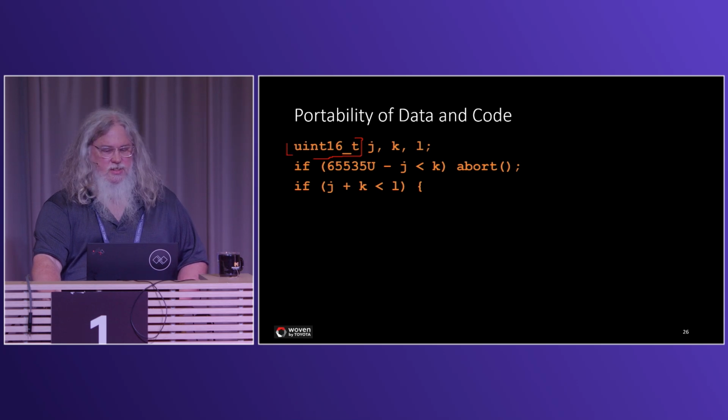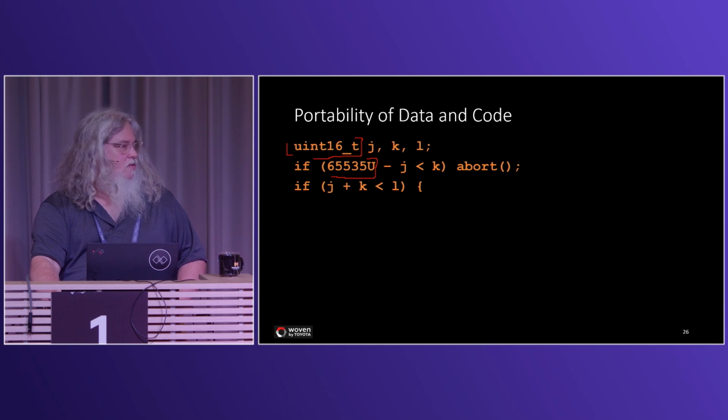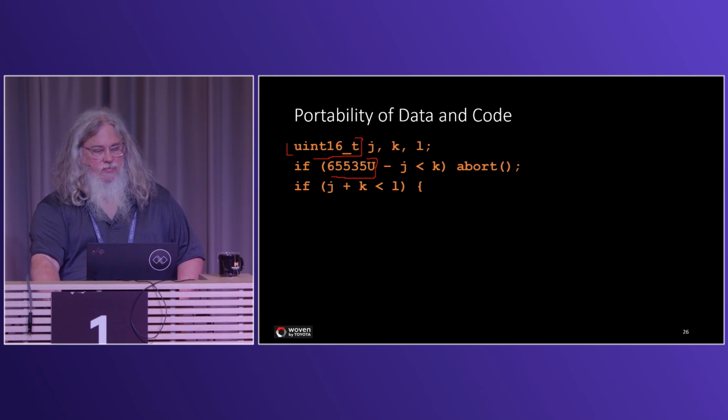I say uint16_t, and with uint16_t we know the exact width, so we know the exact range. And quite purposely here, I didn't use a constant from limits.h. I used an integer literal. And here we're just making sure that the operation's not going to wrap around. If it does, we treat it as an error condition.